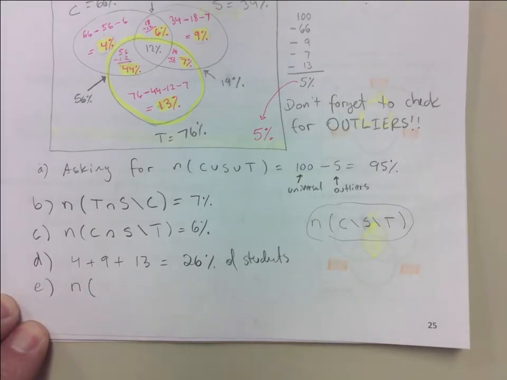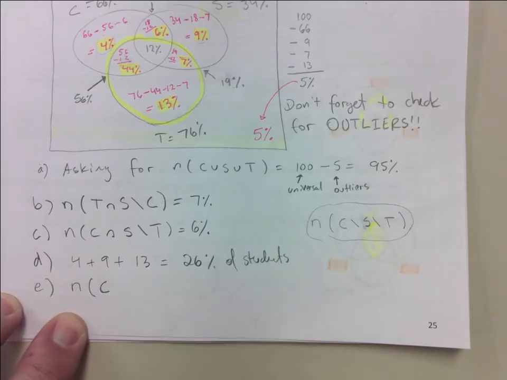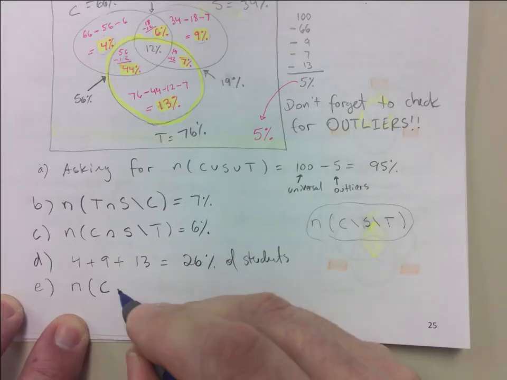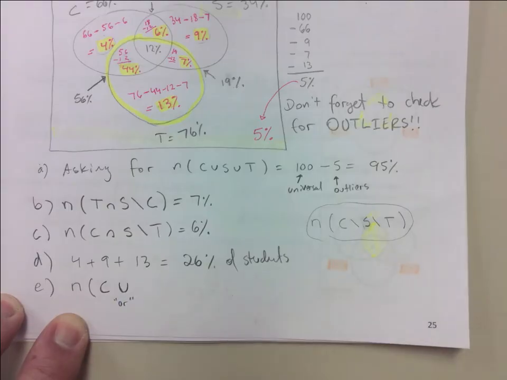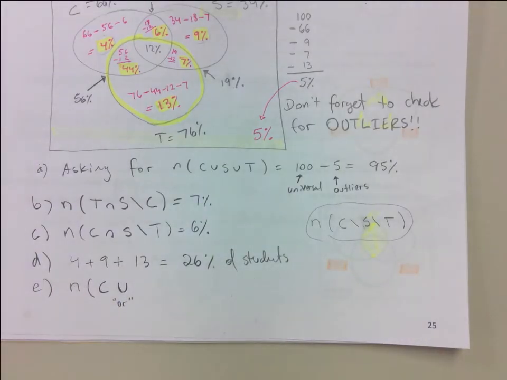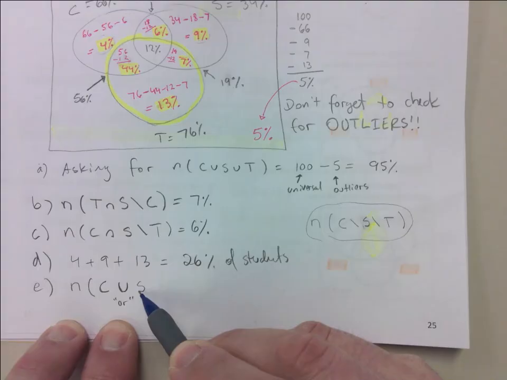N of cell phone. What does or mean for us? What symbol do we use for or? Union, yeah. Or is union. And is intersect. U is union is or. What would go over here? S.